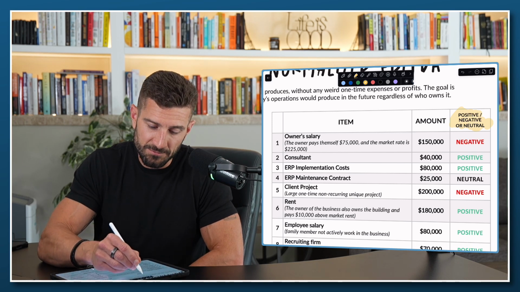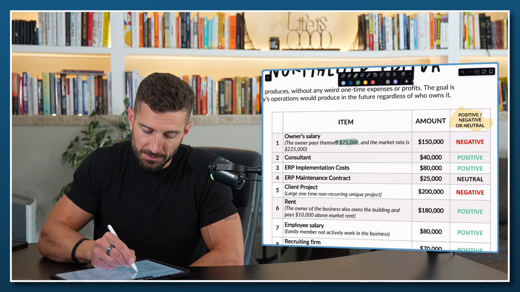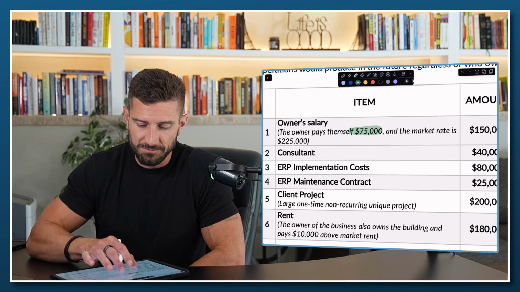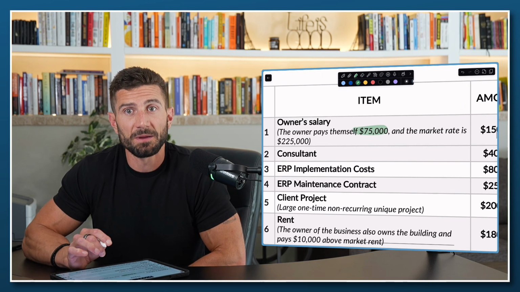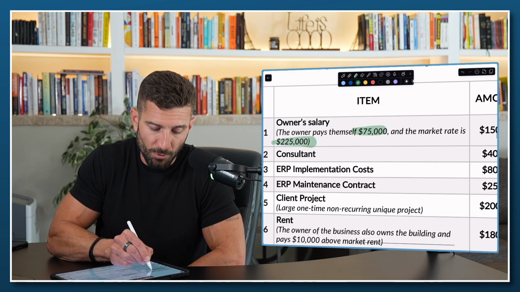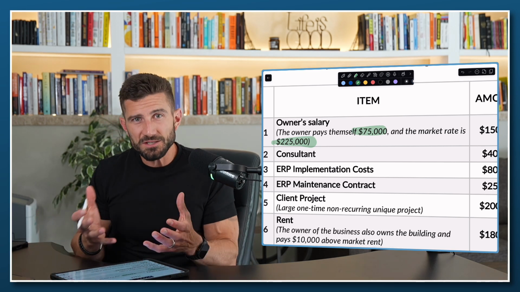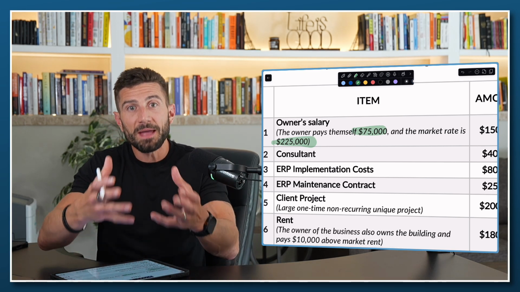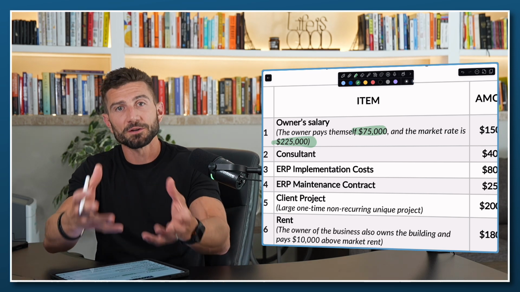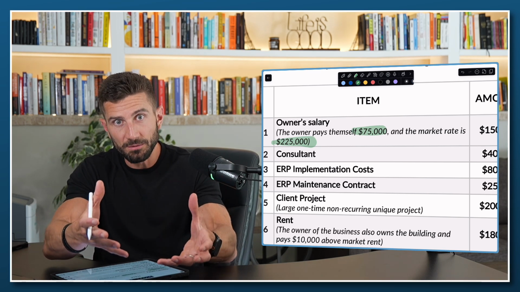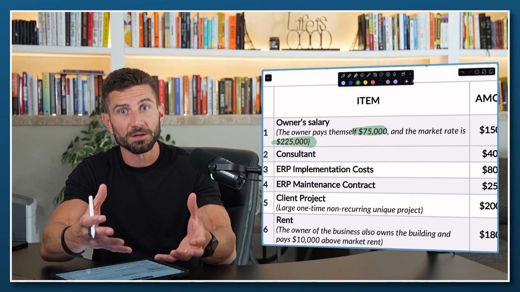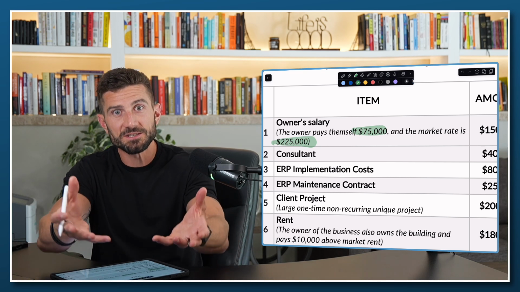So many times that owner's salary, these are just drastic examples, but someone could be paying themselves 75 grand, but market rate is 125. So then you go, okay, well, what's that adjustment? Well, they're not paying themselves enough. If I bought your company and your job, yet you're paying 75 grand for, market comp is 225, my expenses would go up.